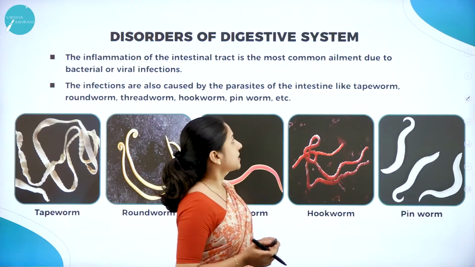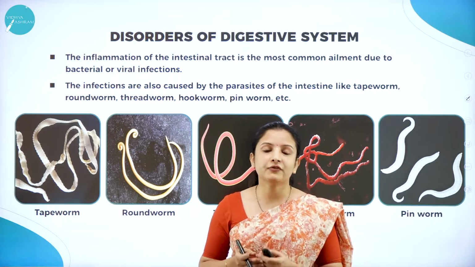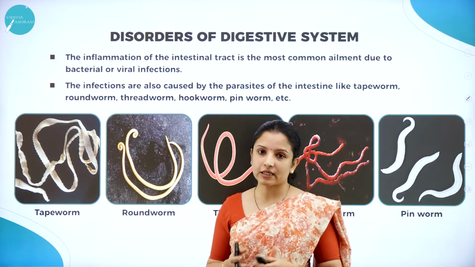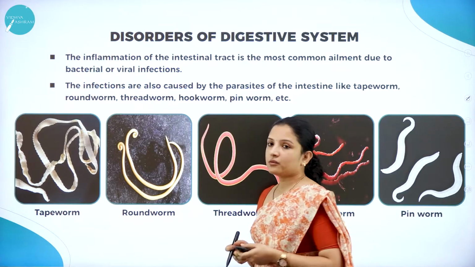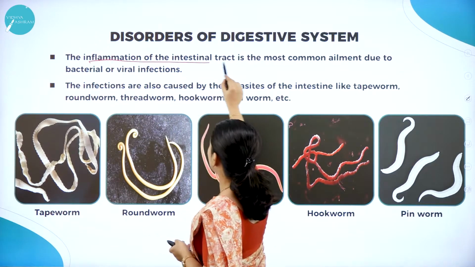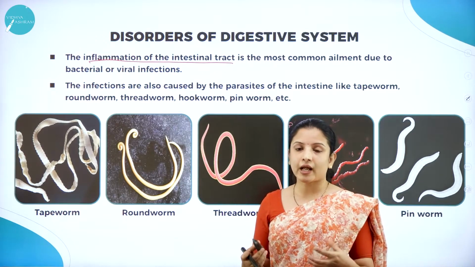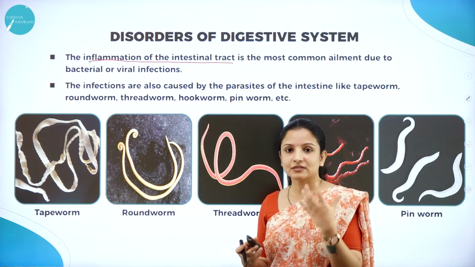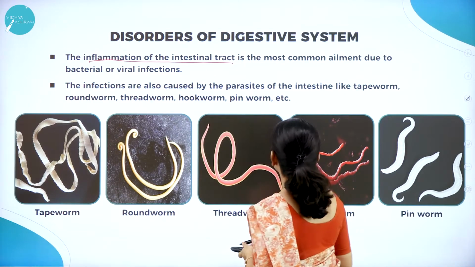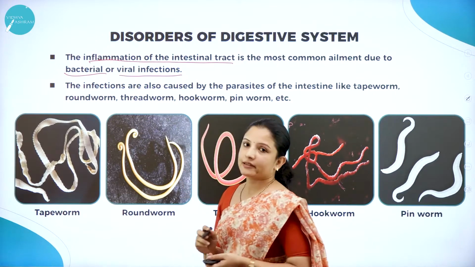Next we shall study about the disorders of the digestive system. What are the different diseases that can occur to the digestive system? One of the important disorders is the inflammation of the intestinal tract. Inflammation or swelling of the intestinal tract can occur because of various external factors, such as bacteria or viral infection.